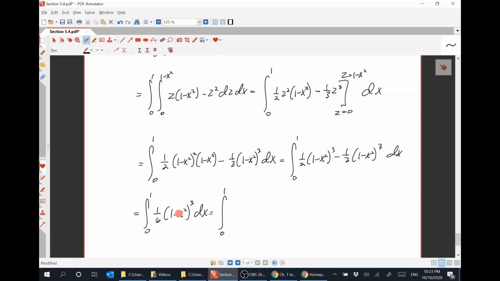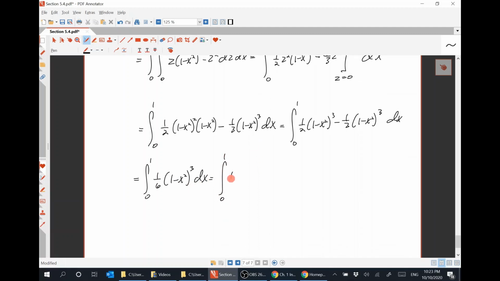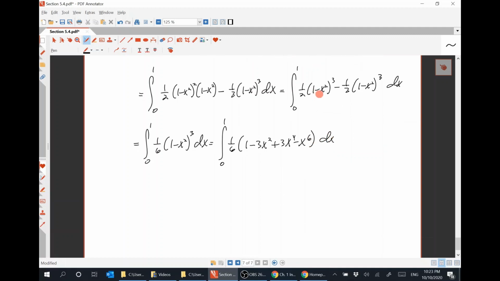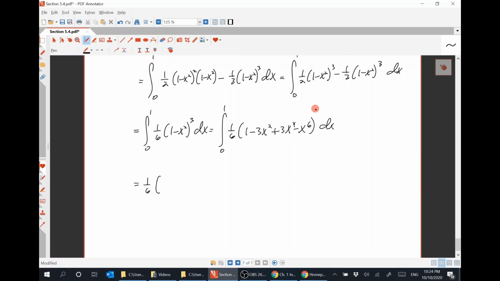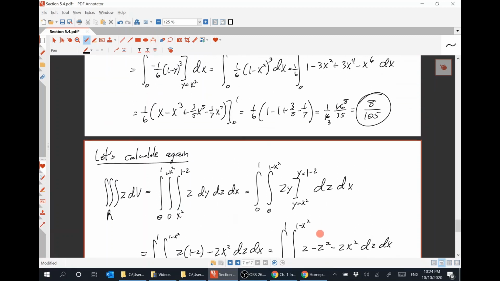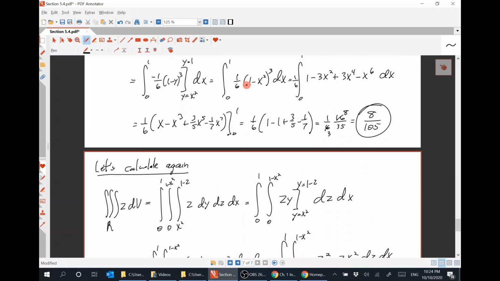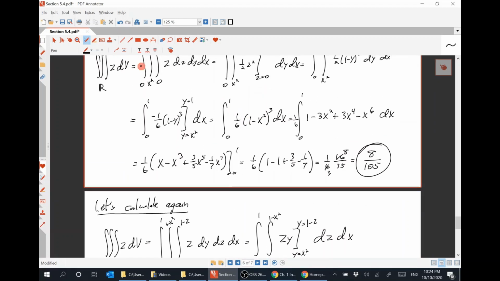Unfortunately, we can't do a u substitution. We're going to have to multiply it out. So that's 1 minus 3x squared plus 3x to the fourth minus x to the sixth. Antiderivative is 1/6. Is that the same integral we had last time? It is, right here.